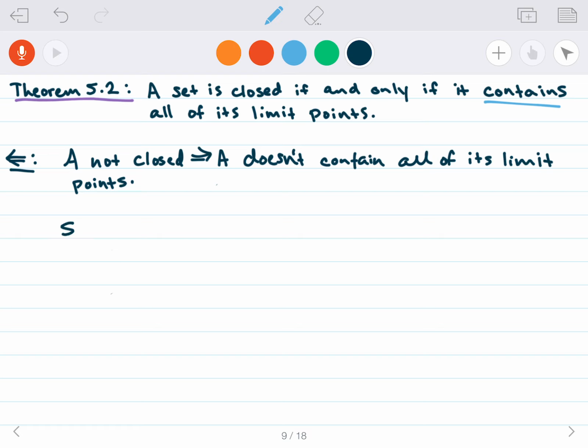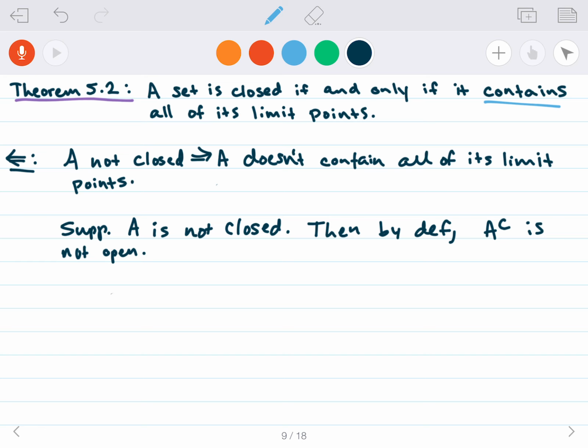All right, so what are we going to do? We're going to suppose the hypothesis that A is not closed. So suppose that A is not closed. Then, by definition of not being closed, the complement is not open.